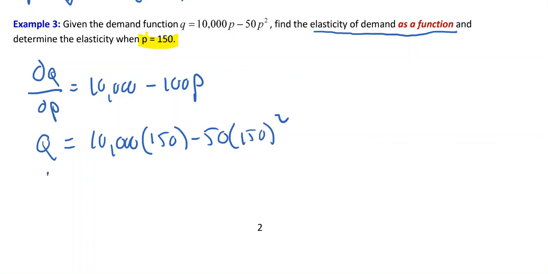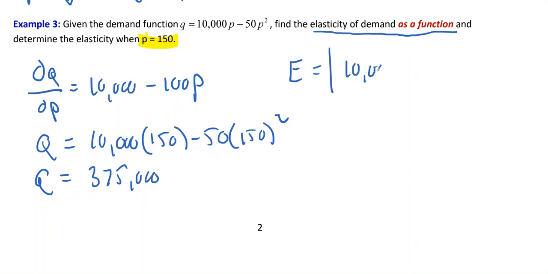So Q is 375,000. So elasticity is the absolute value of 10,000 minus 100p, put that in parentheses, times P over Q. And so P is 150, Q is 375,000.